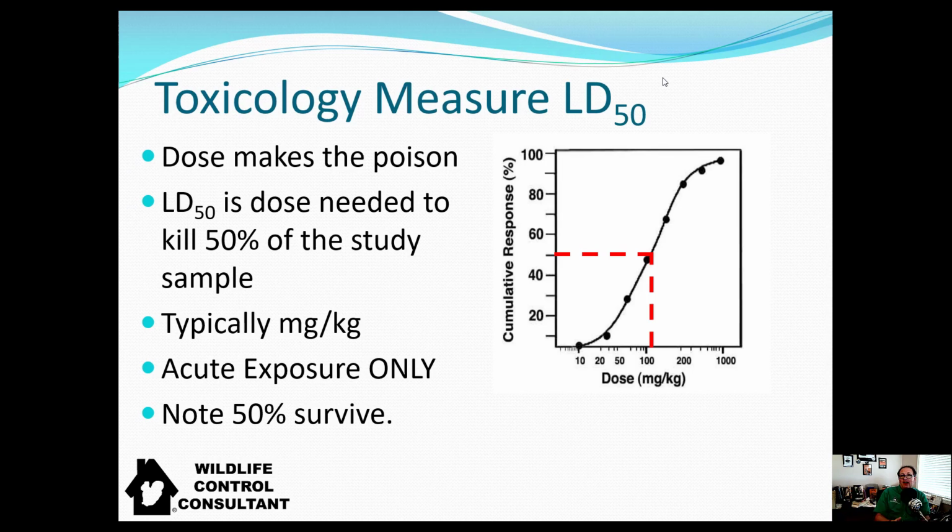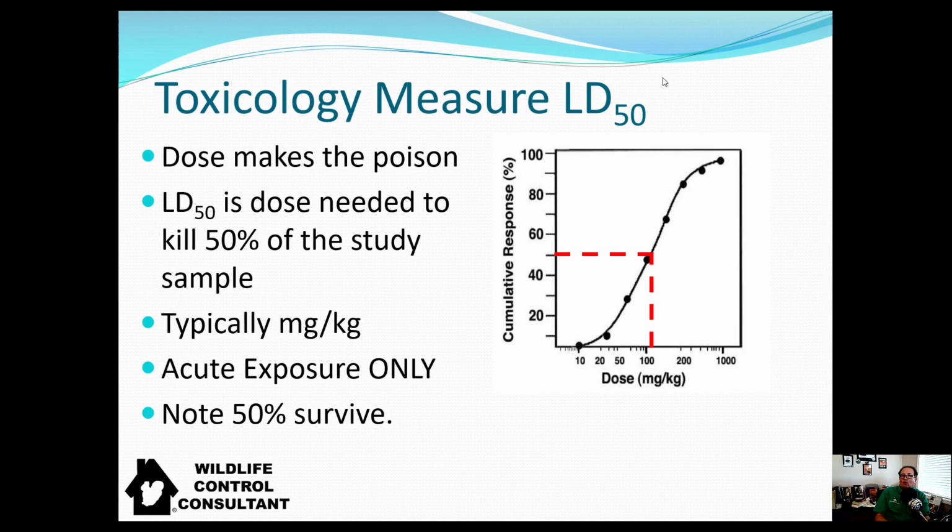So understand that when you're trying to compare toxicant A with toxicant B, there's still the other 50% of those animals that are going to live in both studies, because the LD50 is only an average. It's a way of averaging out so we can compare how toxic toxicant A is compared to toxicant B.